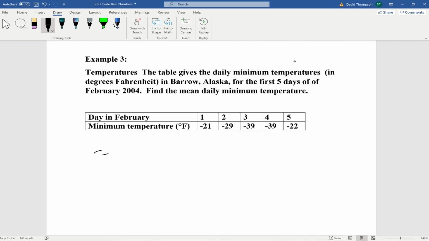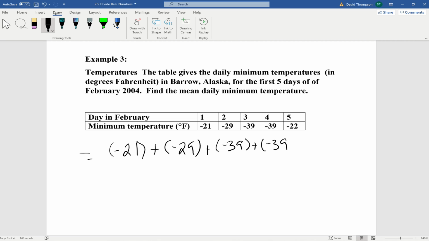So this is going to be equal to negative 21 plus negative 29 plus negative 39 plus negative 39 plus negative 22, and there's 5 days.